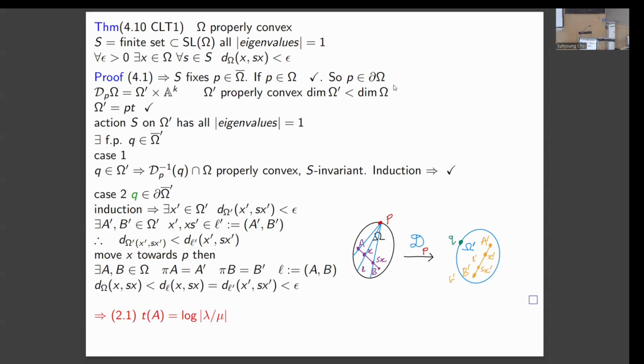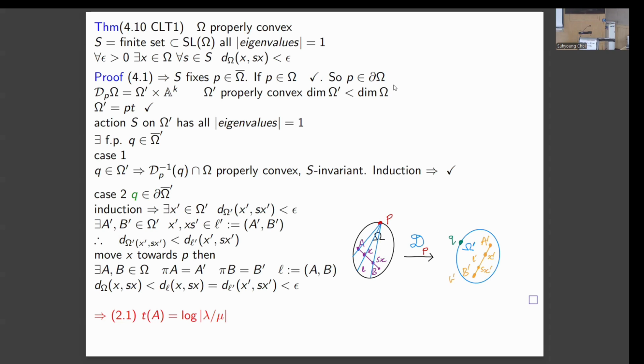So this leads to the following result, which is, again, you have a properly convex domain, and we have some finite set of projective transformations preserving omega, and all the eigenvalues are 1. So think parabolics. We've got a finite set of elements where all the eigenvalues are actually 1.